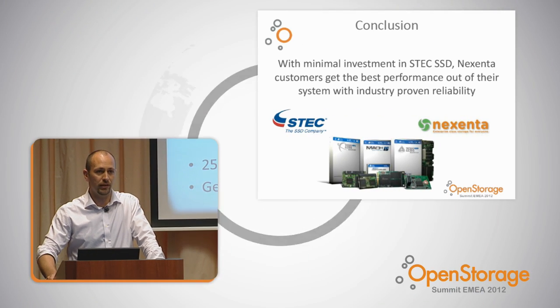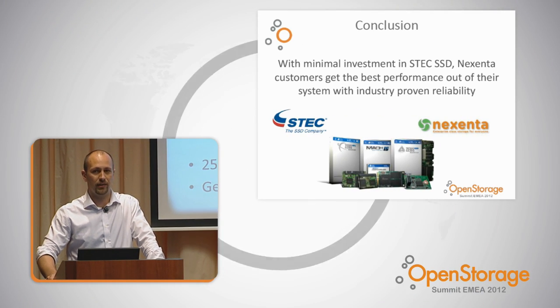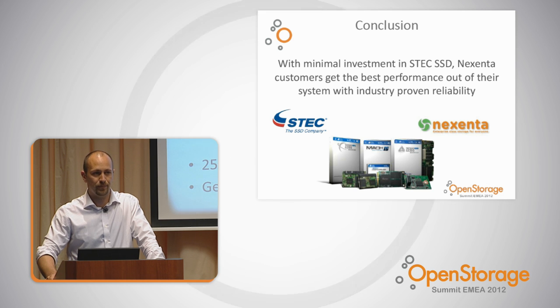And together with Andy and Nexenta, we're also working on the next evolution of this device that will be using the Zeus IOPS. This allows us to go much faster. So we are targeting to double the performance to achieve 500,000 write IOPS on this device. It will also allow us to double the capacity, so we get an appliance up to 8 terabytes, and to double the price.